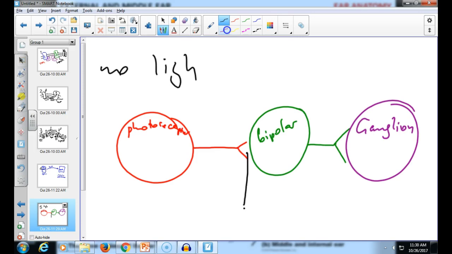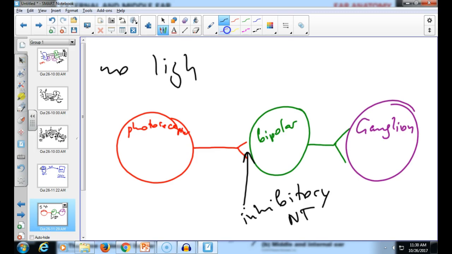Photoreceptor cell produces inhibitory neurotransmitter. Somebody else. It's Alexa's solo performance. Somebody else. Come on. Bipolar cell. Does it produce anything? No, it doesn't. No light.